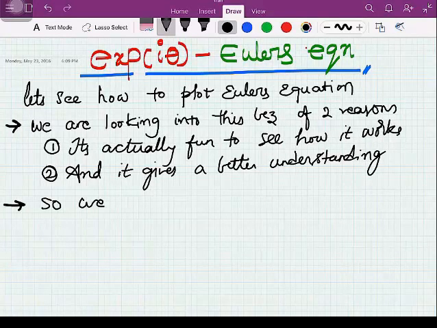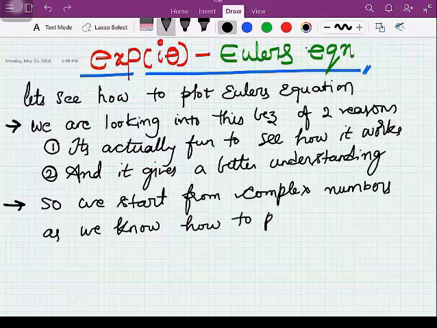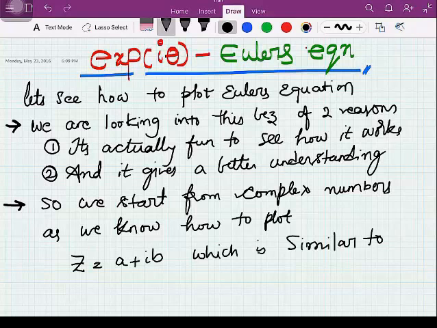So we start from what we know, that's the complex numbers we have studied in our elementary standard. And we know how to plot a complex number z equals a plus ib, and the process will be similar in the case of e^(iθ) = cos θ + i sin θ also.